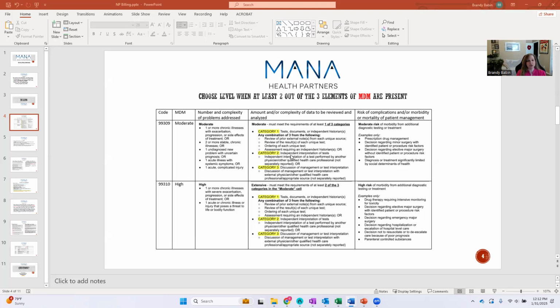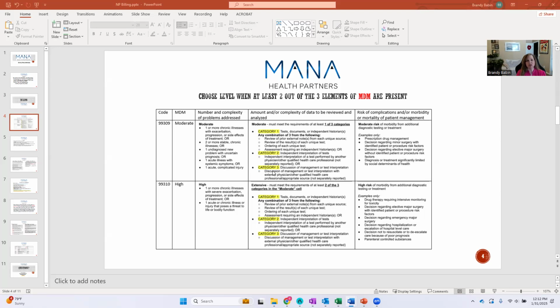There's also category two, which is independent interpretation of tests that were performed by another physician or qualified health professional that they haven't reported themselves already. So that's category two. And then category three, we meet every single time.